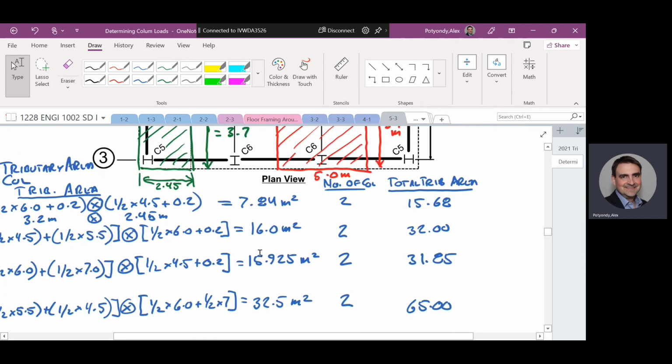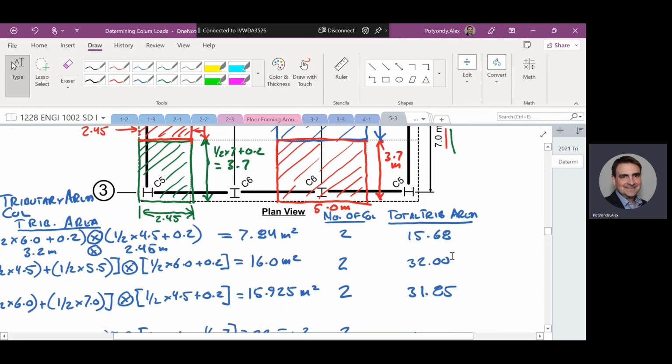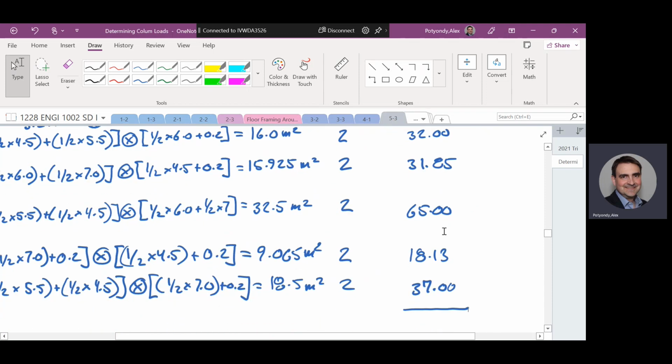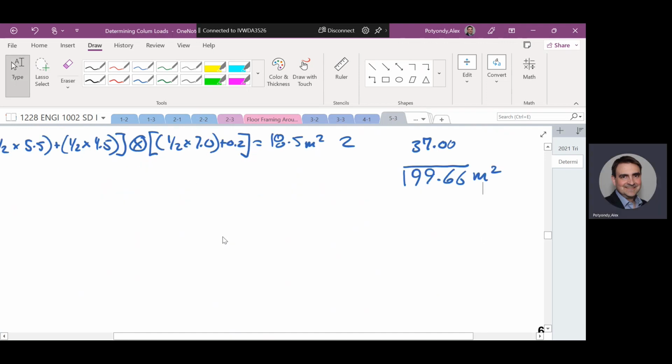So one way I can do that, because looking at this doesn't mean anything. But one thing I can do is add up these numbers. So 15.68 plus 32 plus 31.85 plus 65 plus 18.13 plus 37 gives me 199.66 meters squared. So I want to check my area calculation.